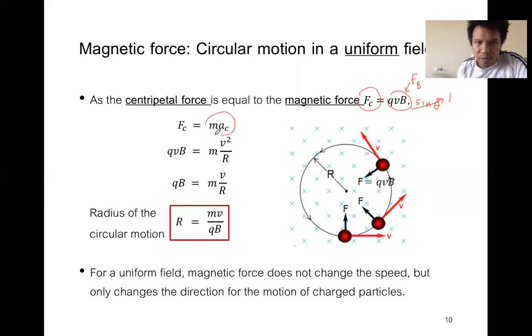From the formula of centripetal force, we have AC as V squared over R for any circular motion. Then we come up with this relation. We can calculate the radius of circular motion. So the radius of circular motion will depend on the magnetic field and will depend on the speed of the electron or of any charged particle within the uniform magnetic field.